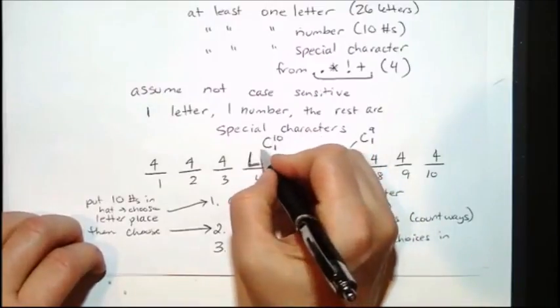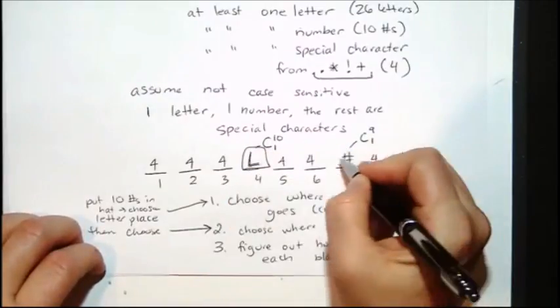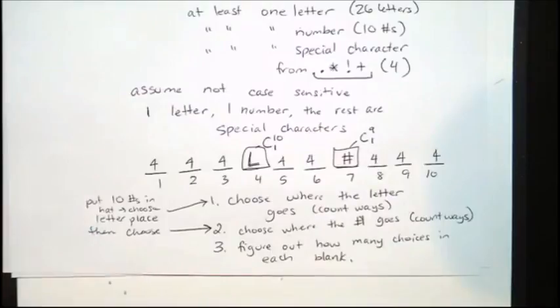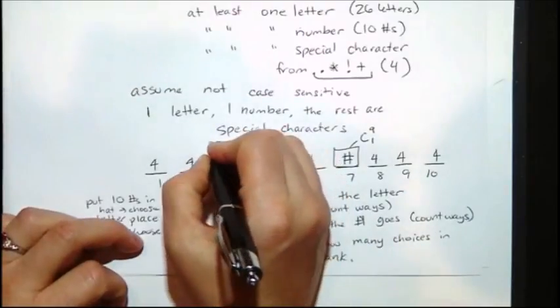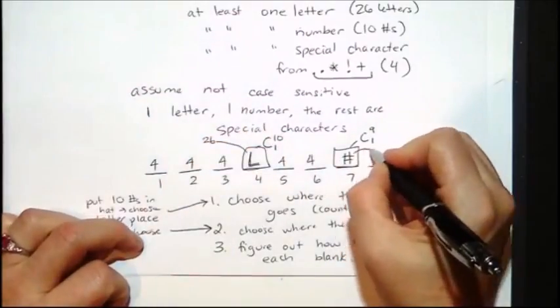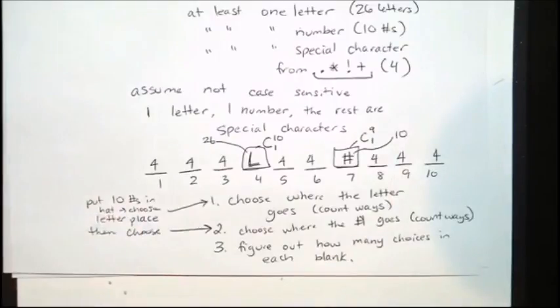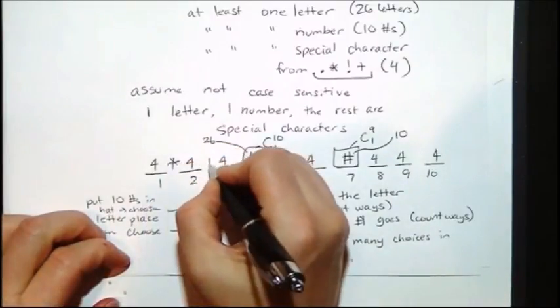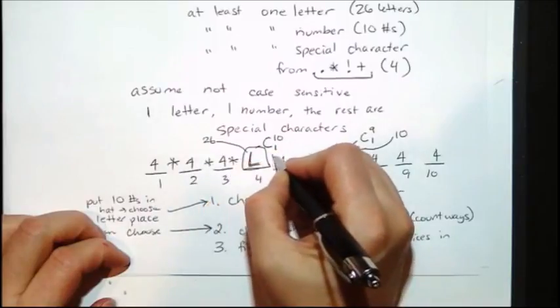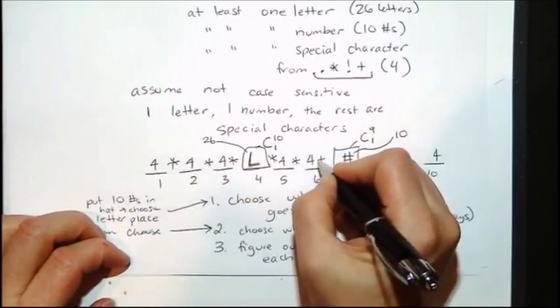Now, these were just the ways to pick the positions, but once I pick the position, there's ways of putting stuff in there. So how many ways are there to choose letters? 26. And how many numbers? There's 10. So I have to multiply all these together because all of the letters in the password must be present.